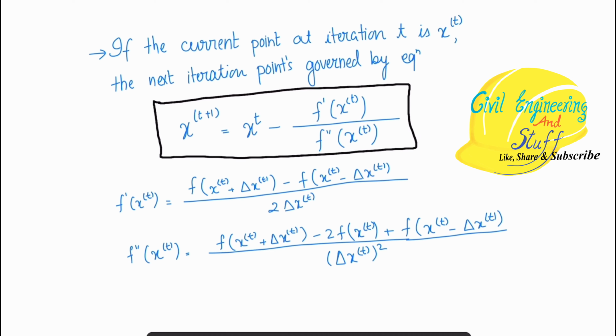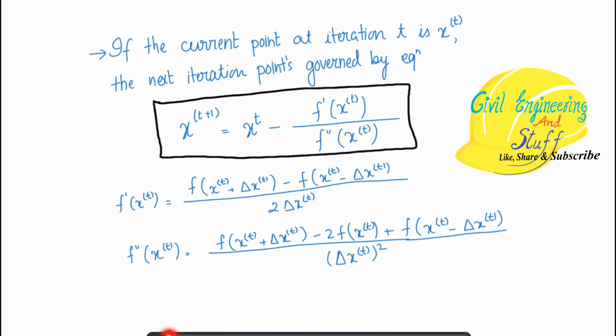Your next point, that is x t plus 1, will be equal to xt minus f dash xt divided by f double dash xt. F dash xt is the first derivative of the function, and f double dash xt is the second derivative of the function.